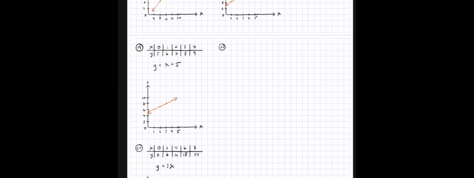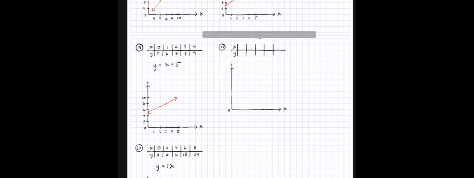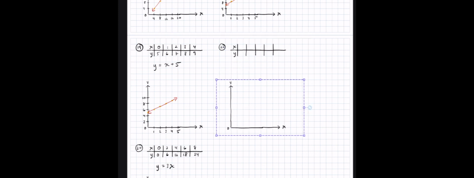22. Let's see what we got here. Here's a table. Space for a graph and an equation. For 22, let's go with 0, 1, 2, 3, and 4. 2, 5, 8, 11, 14. 1, 2, 3, 4, 5.